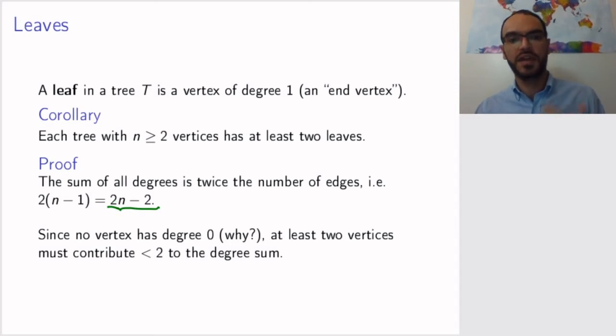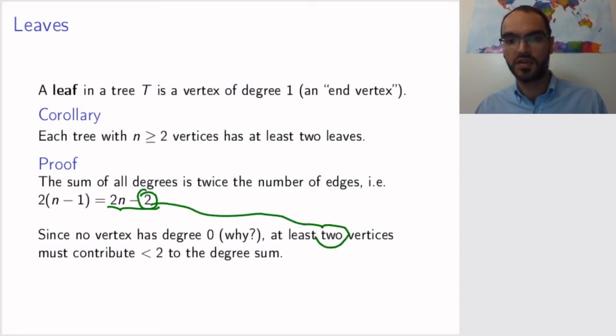So in order for n vertices, each with a positive degree, to give us a sum of 2n minus 2, at least two vertices will have to contribute less than 2 to the degree sum, and therefore they will contribute 1 to the degree sum.